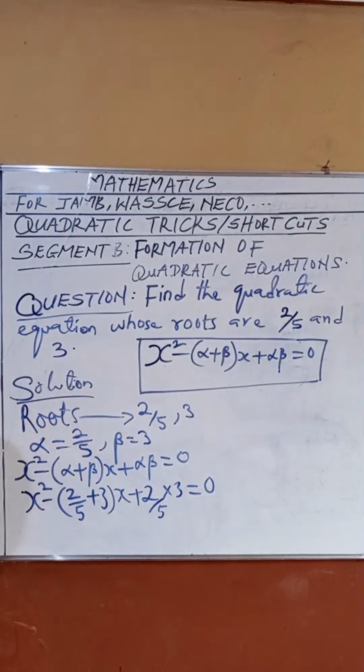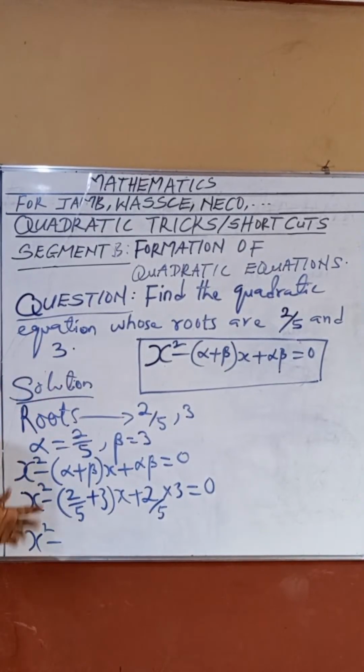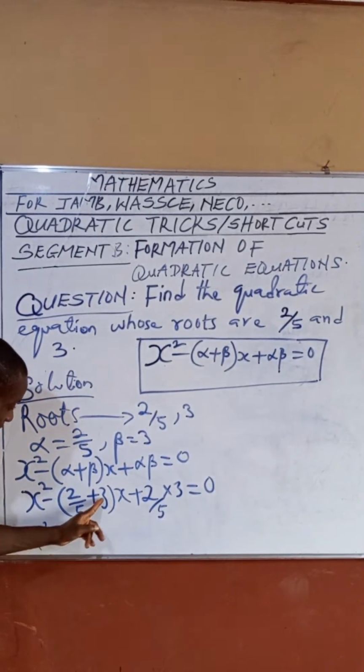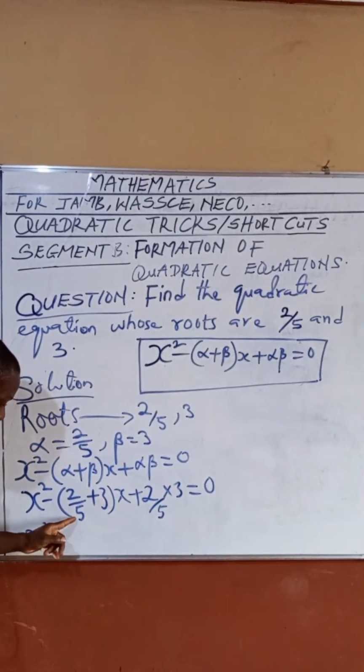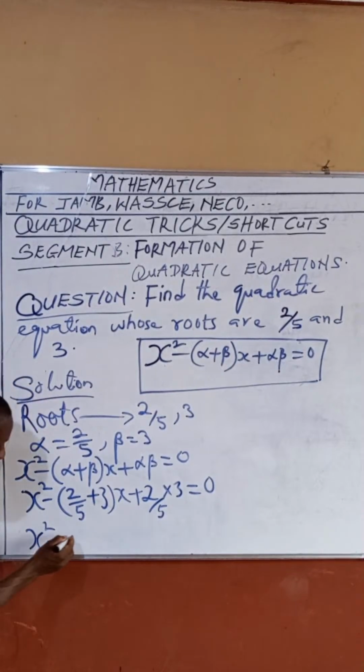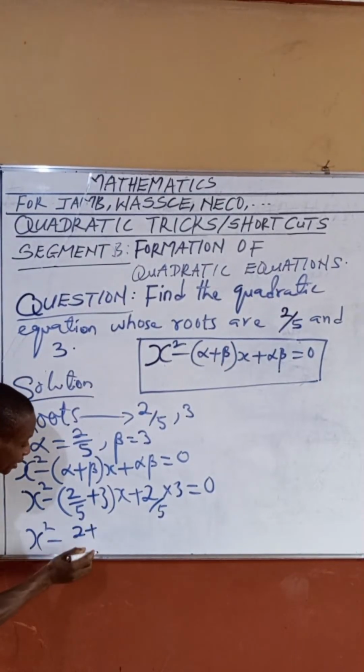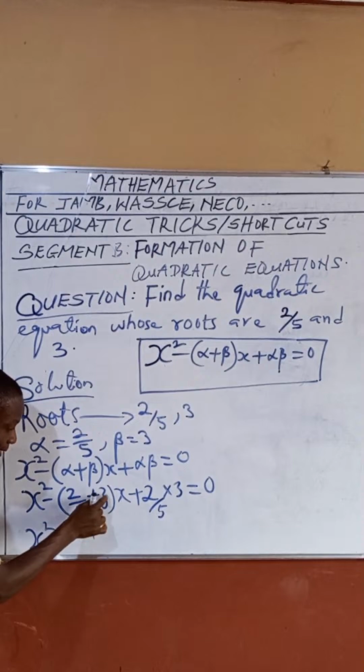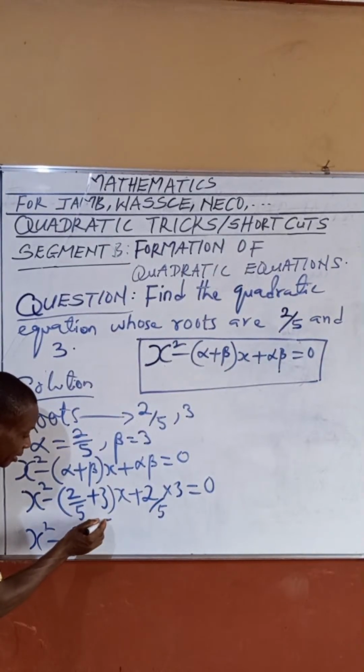So we can go ahead and get our solution. Evaluate this. If you evaluate this, what are you going to get? There's no need looking for LCM. If you are in JAMB hall or even WAEC or NECO hall, you don't need to look for it. Just multiply 3 by 5. So that gives 2 plus 5 times 3, which is 15.